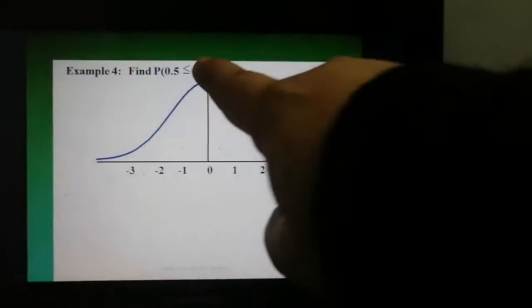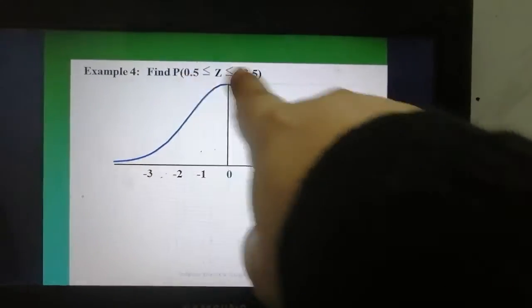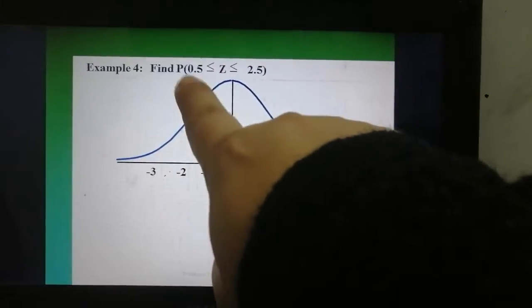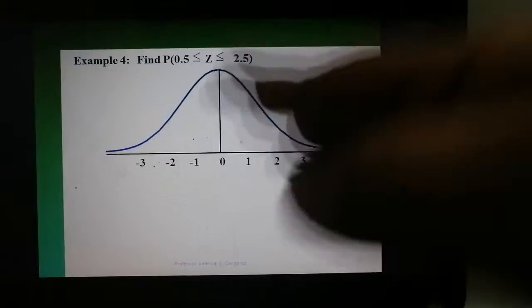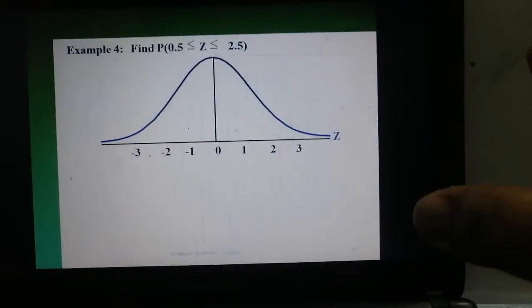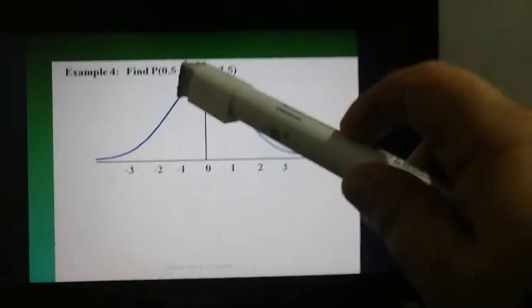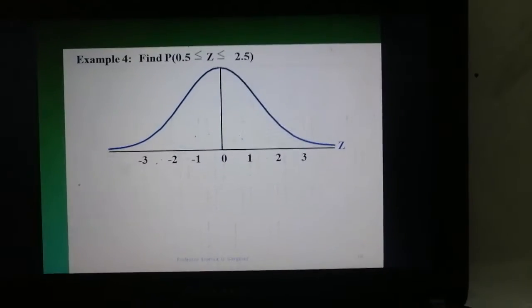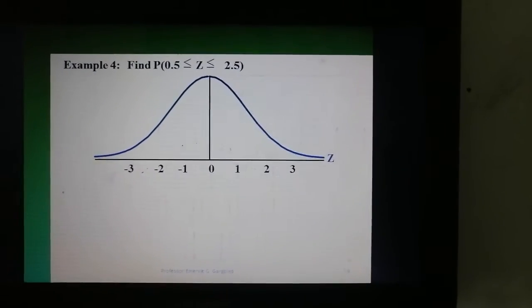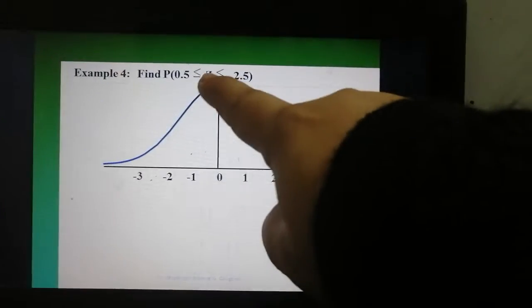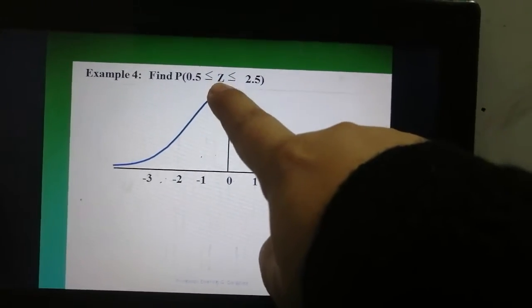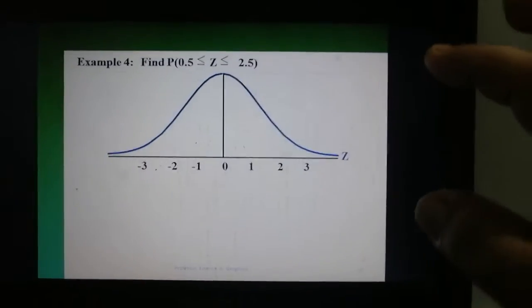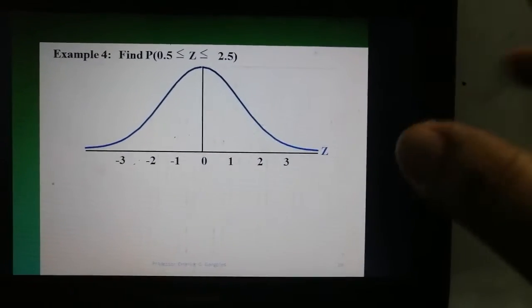Here we have z in between a positive and another positive. A while ago, we had a negative and a positive. Now we have z values which are both positive. This is also the same case as finding the probability of getting z in between two negative z's, so you will use the same technique.